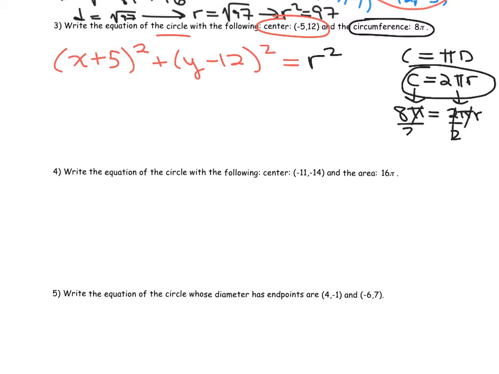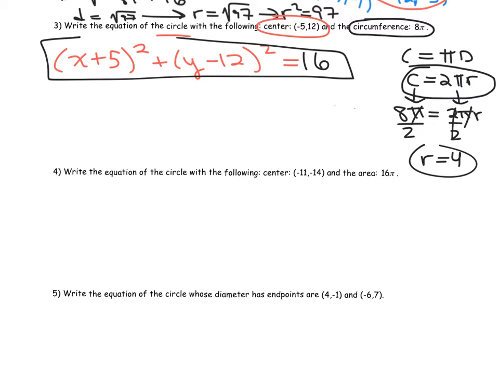I'll divide by 2, and I know my radius is 4. So this r² here is going to be 4², which is 16. So let's write this equals 16. And that's your equation of the circle, centered at (-5, 12), with a circumference of 8 pi, indicating that its radius is 4.